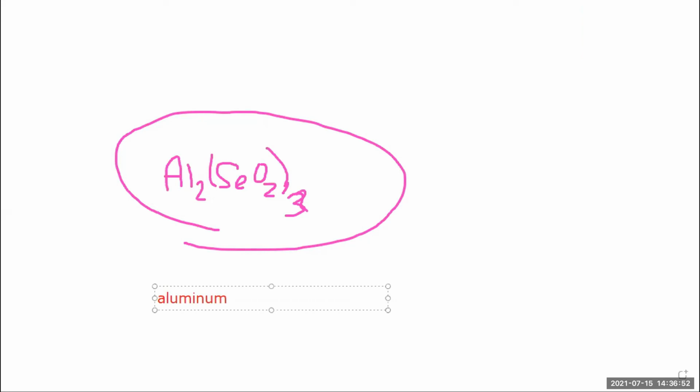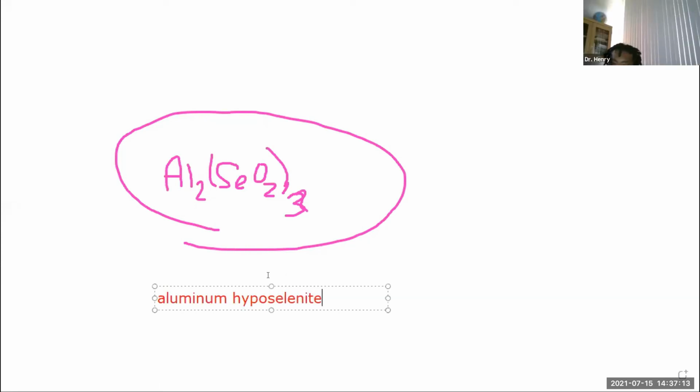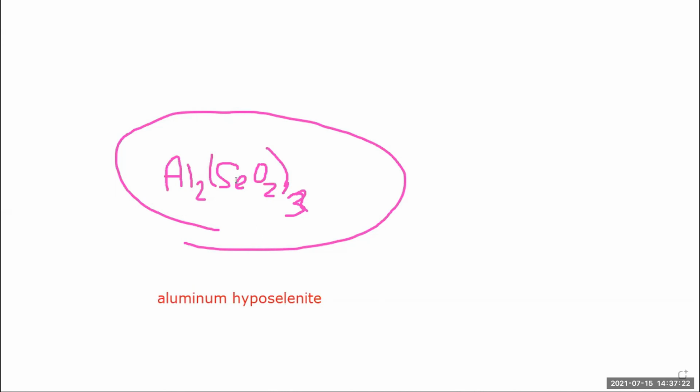Yeah, it's aluminum selenate. Oh, I'm not sure. Selenate, that's right. Now would it be selenate or hyposelenite, right? So it should be aluminum hyposelenite, because it has two oxygens. That's right. And 4 would be selenate, selenite would be 3, and hyposelenite would be 2.